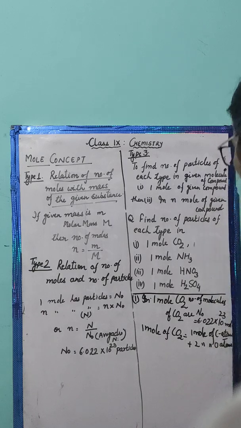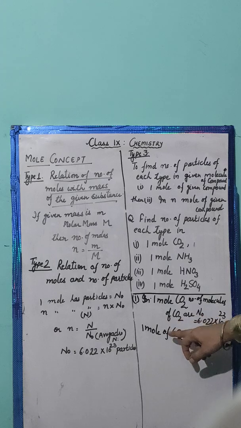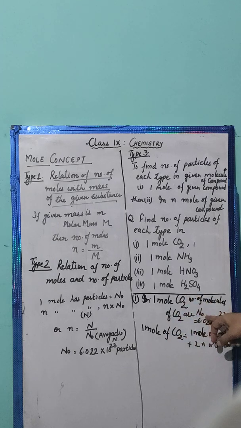So if I have to find the different types of particles, in 1 mole CO2 the number of molecules of CO2 is 6.022 into 10 to the power 23.